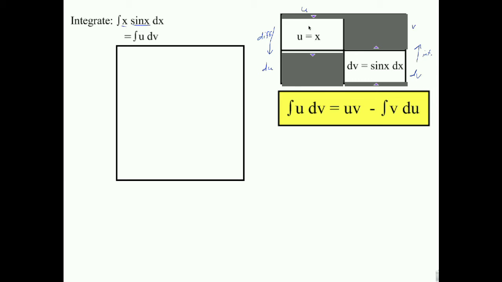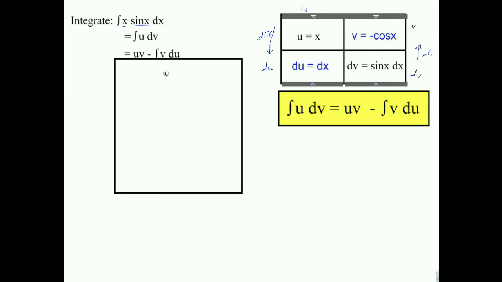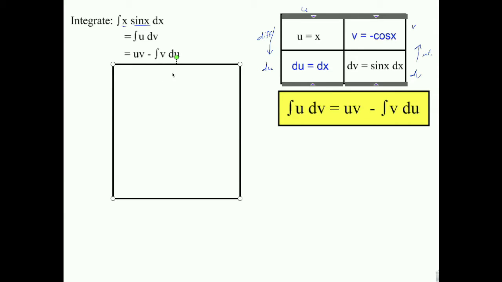And then we differentiate to find du, and we integrate. So the integral of sine of x, integrating both sides, you get v equals negative cosine x. And now we're going to do some substitution. So here is our rule.